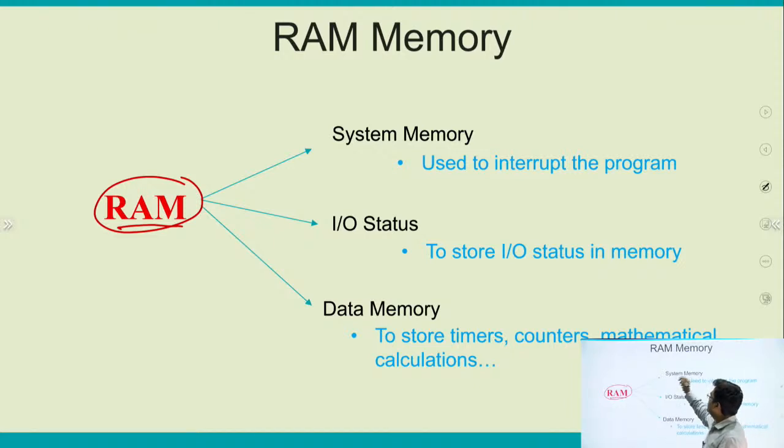So we further classify RAM memory. It is classified into 3 types: the system memory, input output status, and the data memory. The system memory is used to interrupt the program anytime. In input output status, we store the status of the system input in a memory.